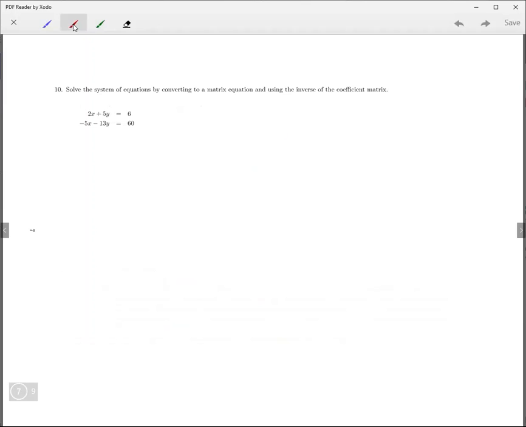And so this system can be rewritten this way. And so this is matrix A, this is X, and this is matrix B.